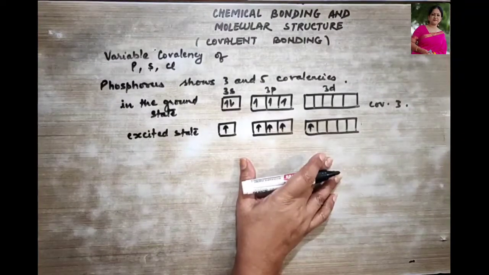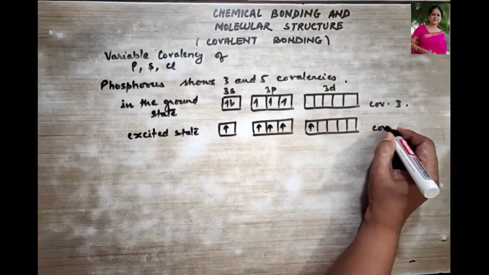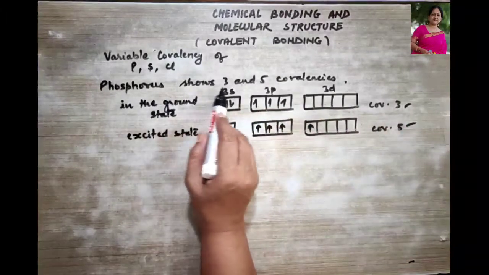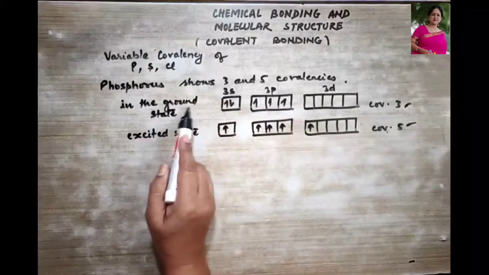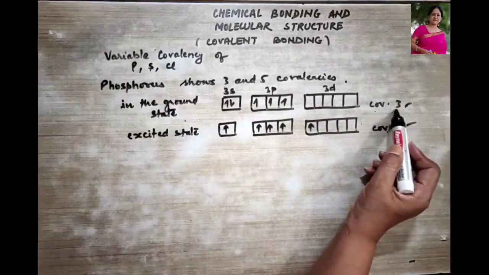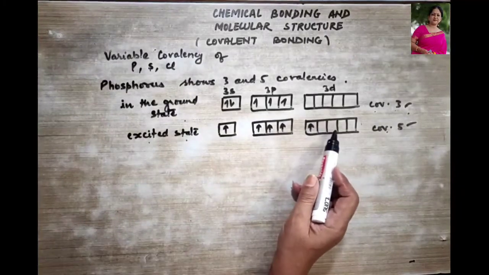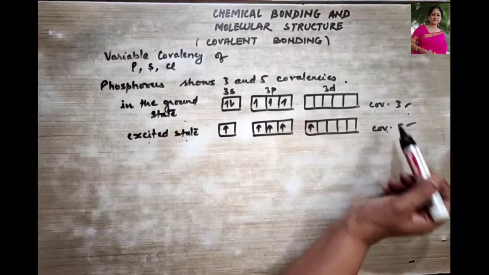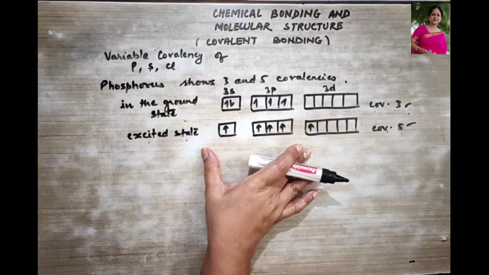Here now we have how many? 5 unpaired electrons. So over here the covalency is 5, and therefore you can see phosphorus shows 3 and 5 as its covalencies. In the ground state we find covalency 3. In the excited state we find the covalency of phosphorus is 5. So phosphorus shows variable valency of 3 and 5. I hope this is clear to you.